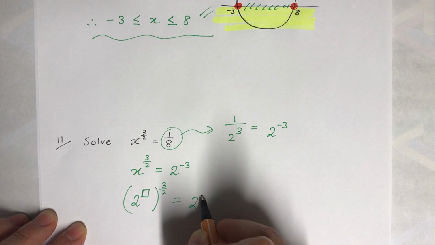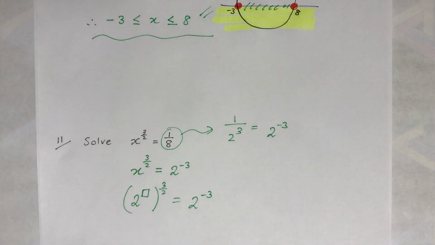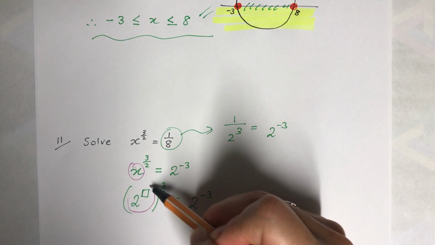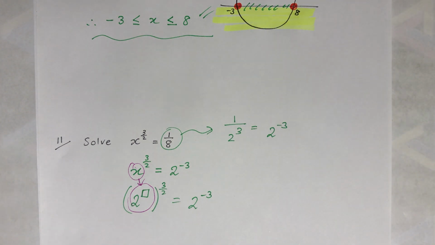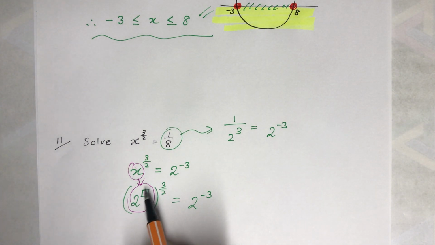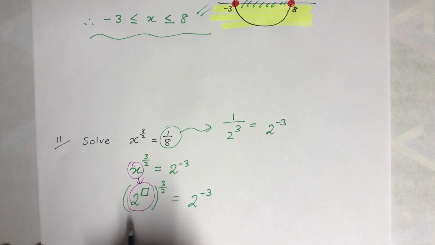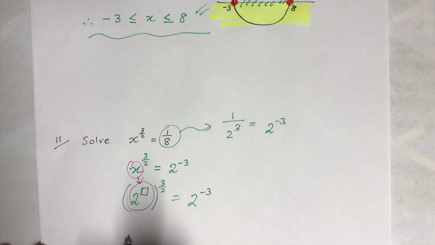Instead of x, I'm replacing x with this. That's my x, okay? Somehow I need to have the same base, and I need this power here. So I'm just going to deal with the power only.